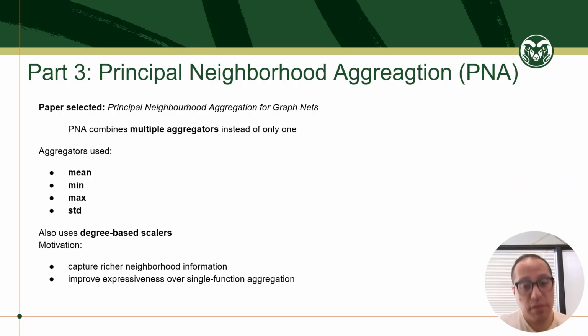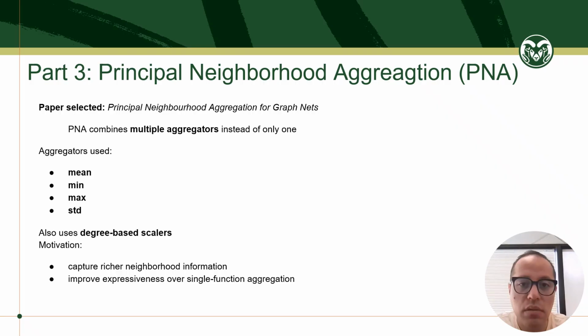For part 3, as it was asked, the principal neighborhood aggregation, or PNA. For the paper extension, I chose PNA because it fits very naturally with the theme of this lab. In the earlier parts, I compared single aggregation strategies one at a time, such as mean, sum, or max. PNA takes a different approach.